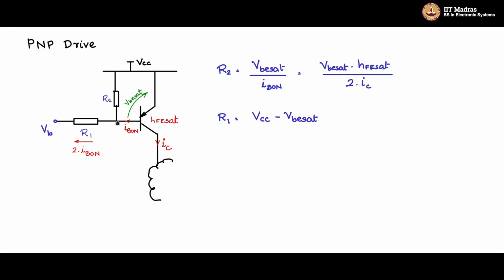VCC minus VB SAT minus VB, that is the signal source potential, will be the potential which is occurring across R1, divided by 2 times IB on will be R1. So IB on is nothing but 2 IC by HFE SAT. So I will say HFE SAT divided by 2 into 2 IC, 4 IC. So this will be the equation for finding out R1 in the case of the PNP drive.